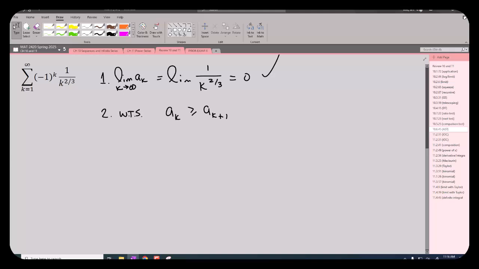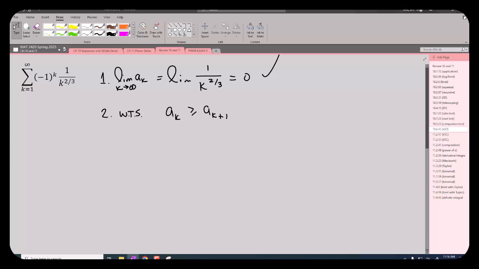So this technically would be showing non-increasing, which is what the theorem says. But in our experience, we can just replace non-increasing with decreasing. If it's not going up, in our experience, that means, so non-increasing means that it's trending down, but it could have some flat spots.